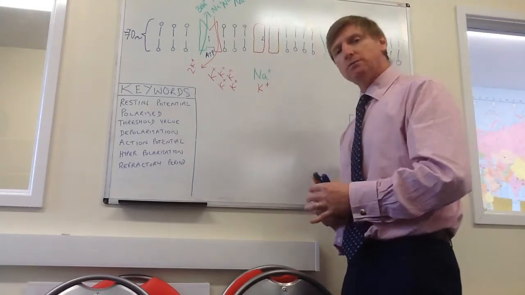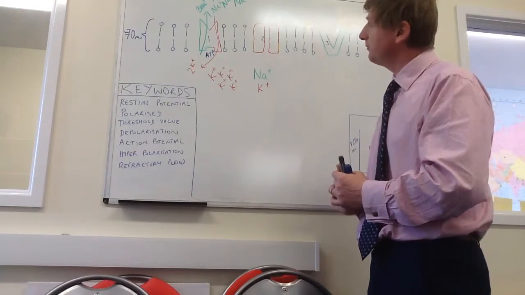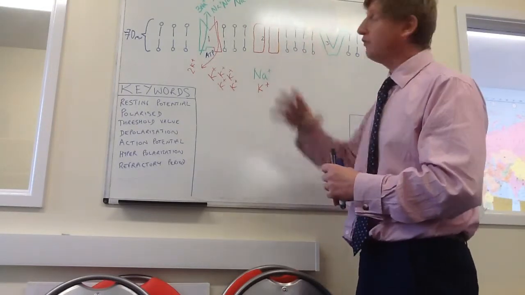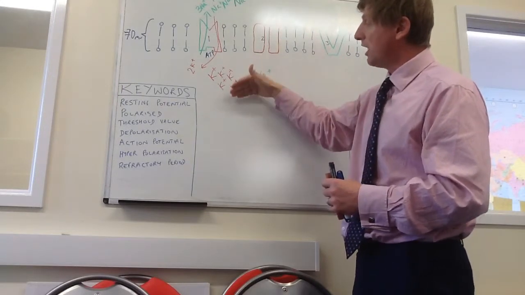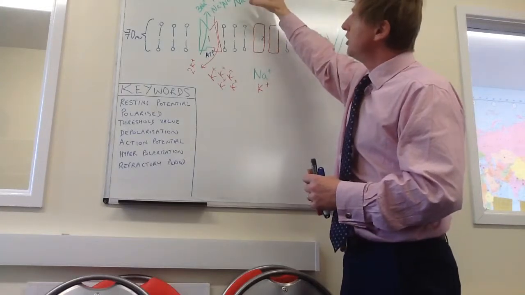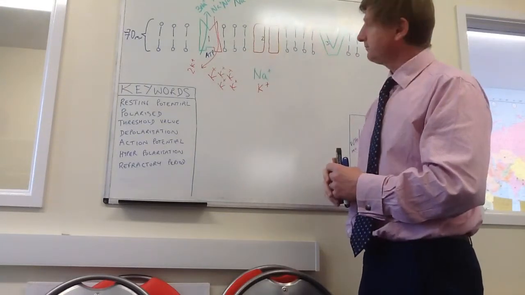And this comes back to the importance of what I was saying earlier about the two types of gradient that exist. We've got the concentration gradient of the actual ions themselves: high sodium, high potassium, low potassium. And we've got the electrochemical gradient of more positivity out here, less positivity in here.